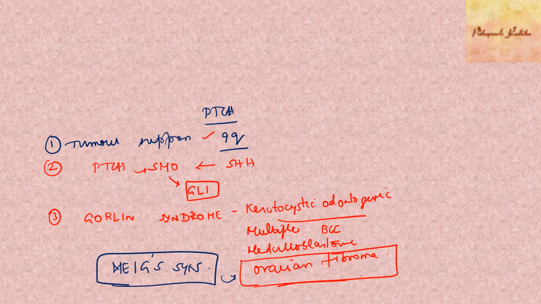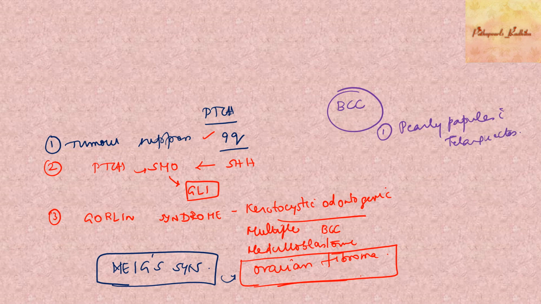And I was discussing a few points of basal cell carcinoma. So what are the important points which you should remember about basal cell carcinoma? It presents as pearly papules with telangiectasia when you examine the patient.